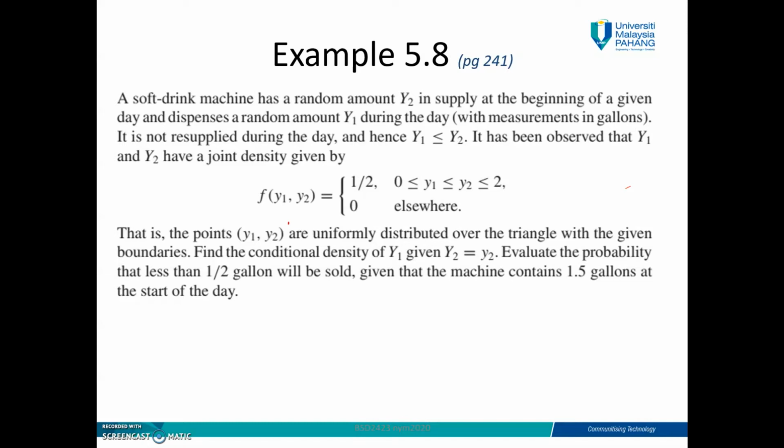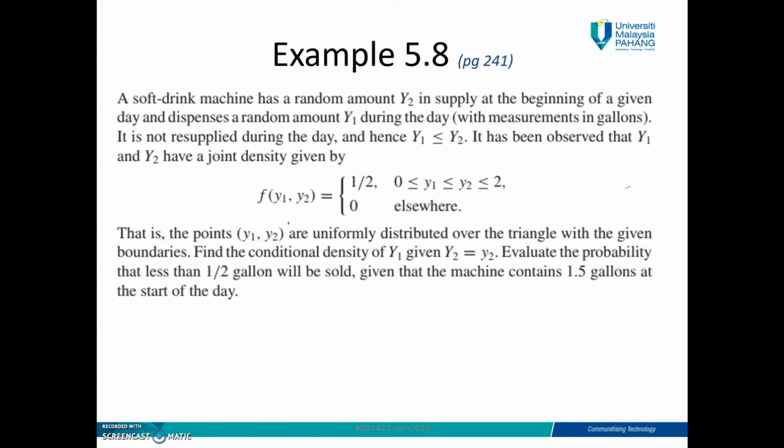From this first sentence, y2 is the supply amount of drink and y1 is the amount that you dispense. It is not resupplied during the day, and hence y1 is less than or equal to y2. For sure the amount you dispense should be less than the amount we supply in the soft drink machine.